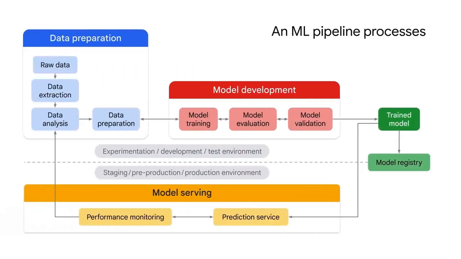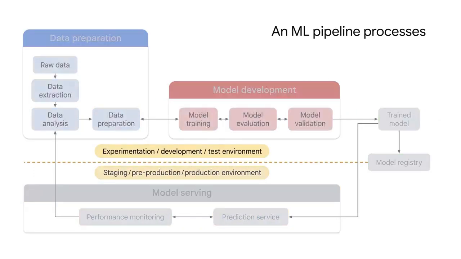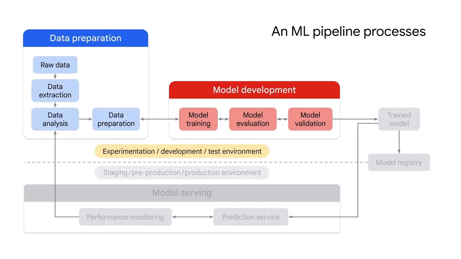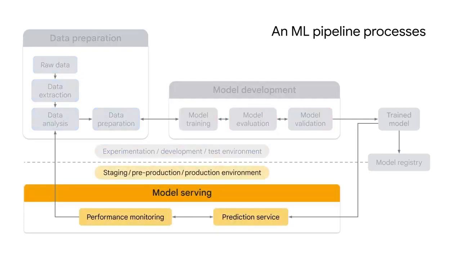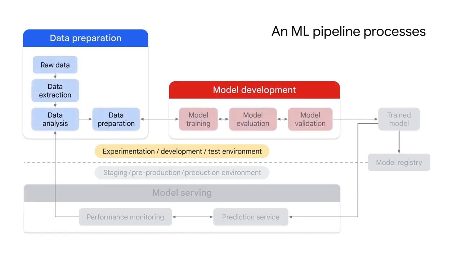An ML pipeline contains a series of processes and runs in two different environments. First is the experimentation, development, and test environment, and the second is the staging, pre-production, and production environment. In the development environment, you start from data preparation, which includes data extraction, analysis, and preparation, to model development like training, evaluation, and validation.